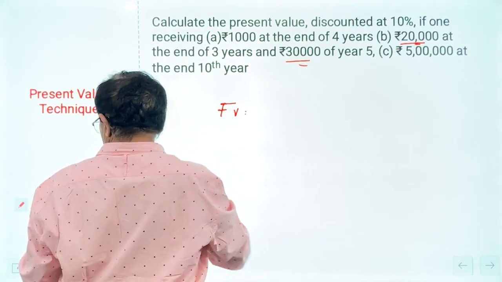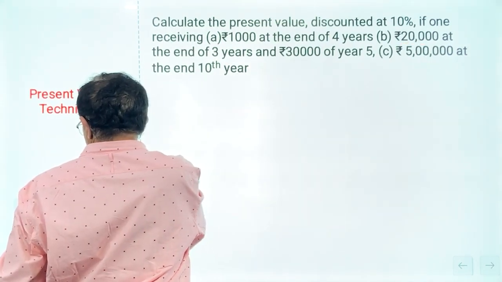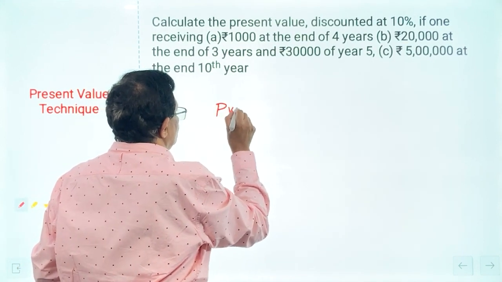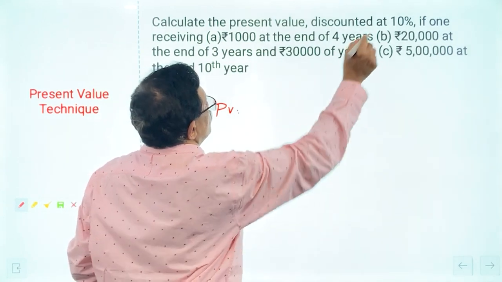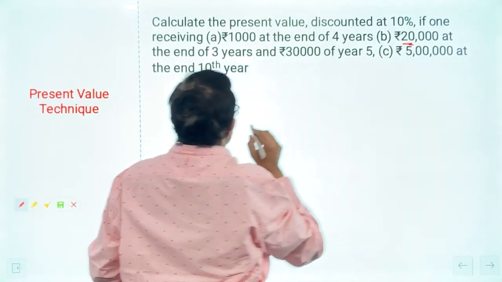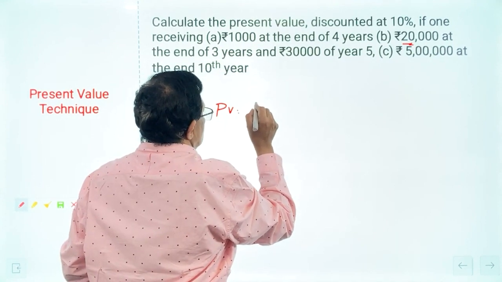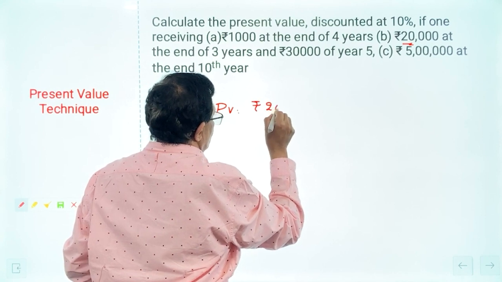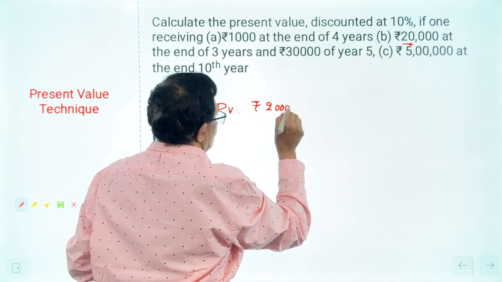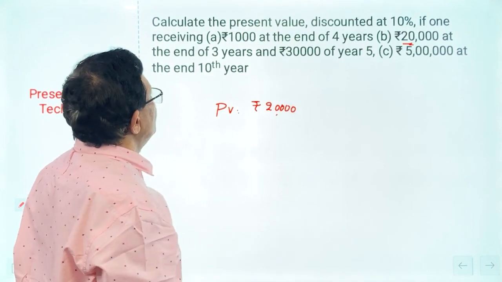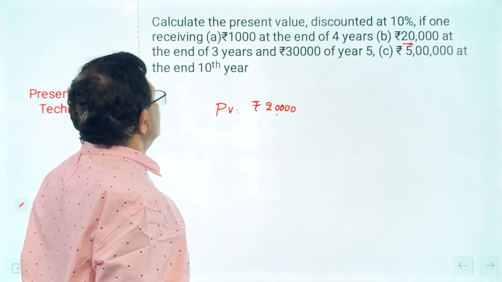The present value is equivalent to the first cash flow, rupees 20,000, which we are getting at the end of third year.